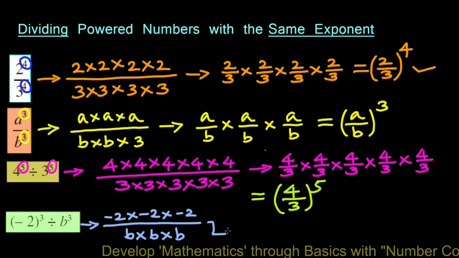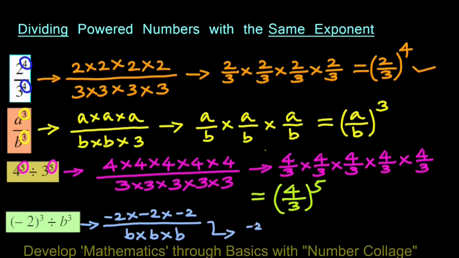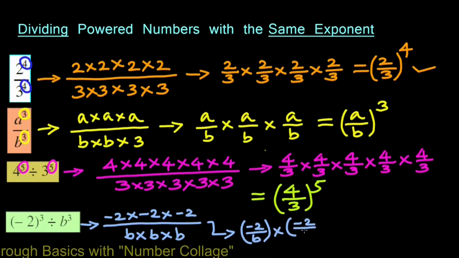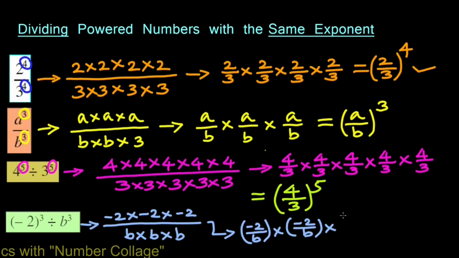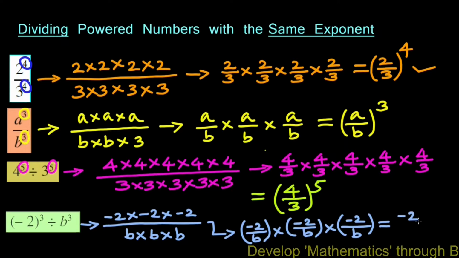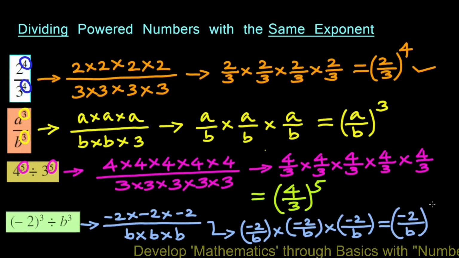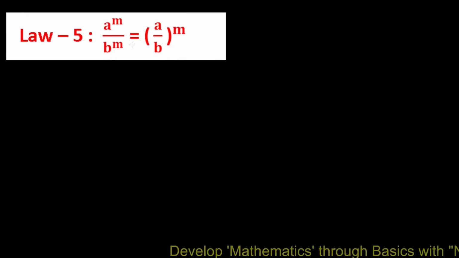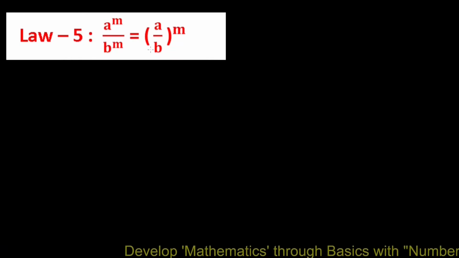So this we can further write as minus 2 upon b multiplied by minus 2 upon b multiplied by minus 2 upon b, 3 times, which finally can be written as minus 2 upon b cubed. From this we get our fifth law, which is a raised to m upon b raised to m equals a upon b raised to m.